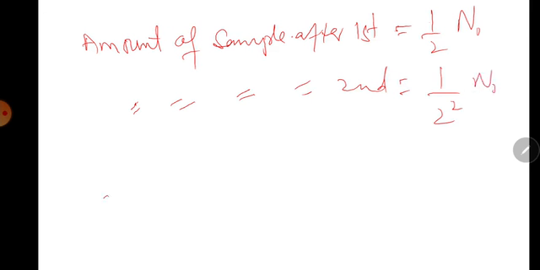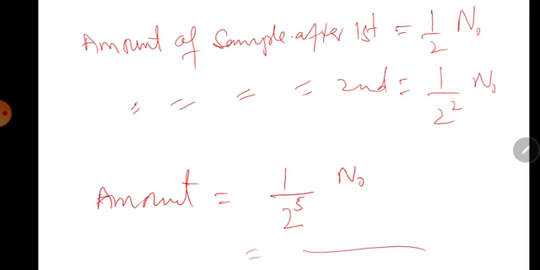So amount left after fifth half-life is 1 by 2 to the power 5 N naught. So you will write the answer here. It's almost 1 by 32 that of original nuclei.